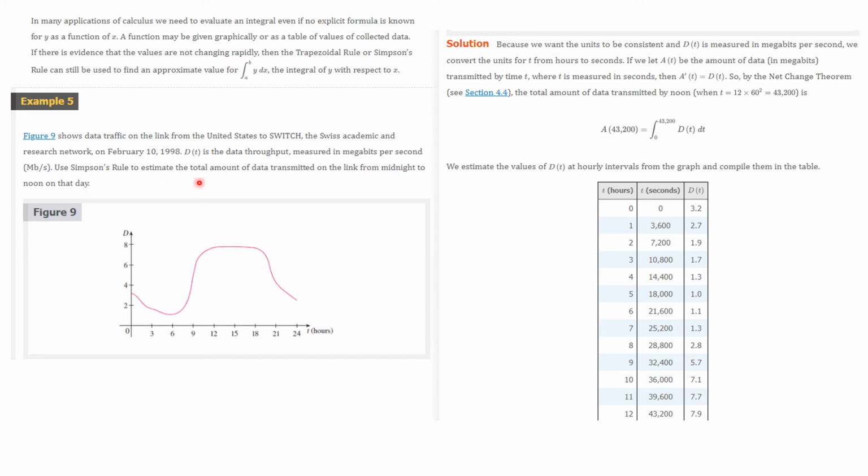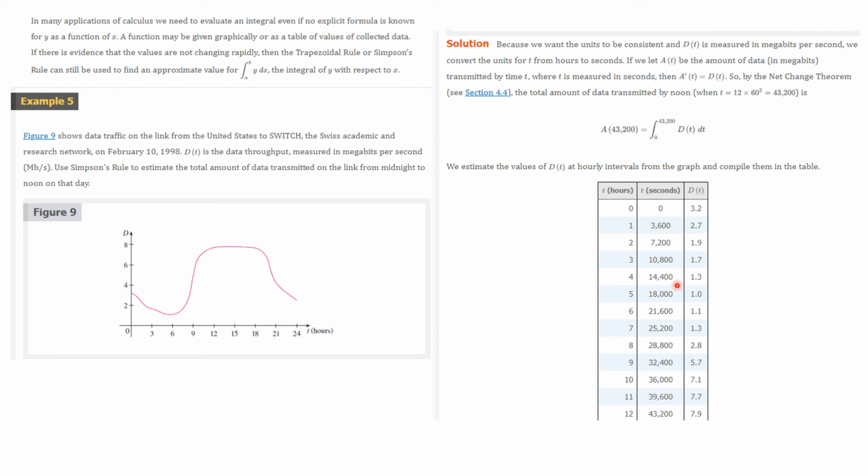We're going to use Simpson's rule to estimate the total amount of traffic on the link from midnight to noon on that day. You just get a bunch of data points, or measurements. This is what D of t was at time 0, and at time 1, changed to seconds here, this is the traffic.